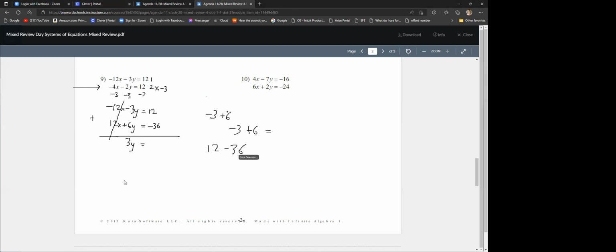12 minus 36. Negative 24, right? Now what do we do? Divide both sides by 3. What's negative 24 divided by 3?